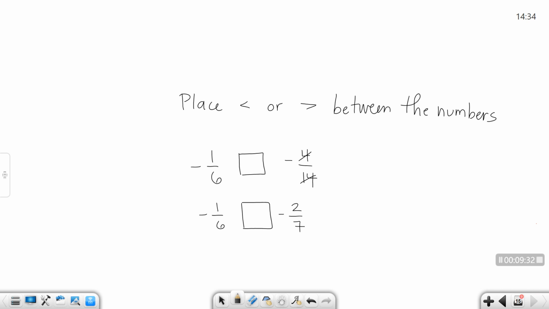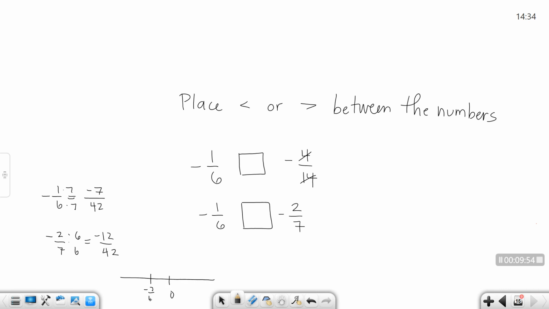Now I can get a common denominator of 42. If I'm turning this one into a 42, I'm going to multiply it by 7. If I'm turning this one into 42, I'm going to multiply it by 6. If you're looking on a number line, here's 0.